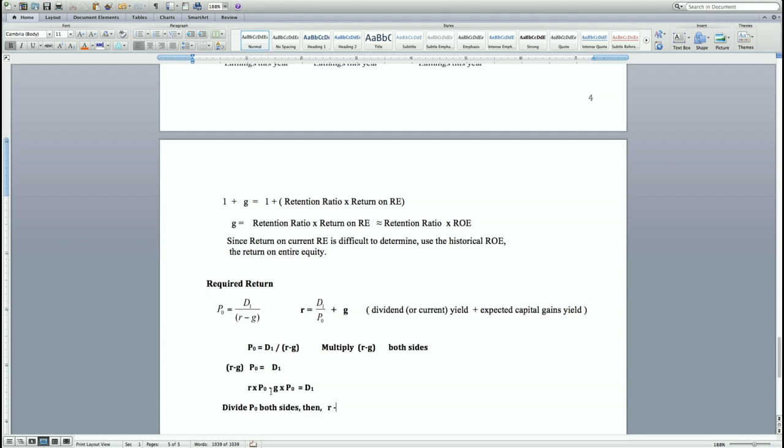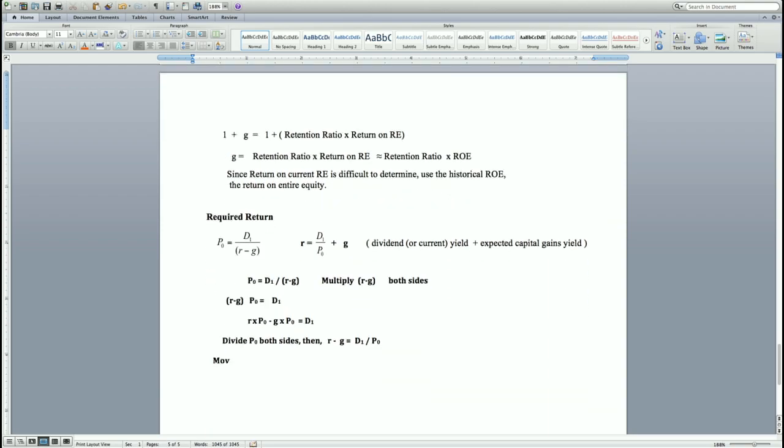And minus G P0 over P0, G survives, equals right side D1, since we divided P0, so we should have a P0 here. And move G to the other side.